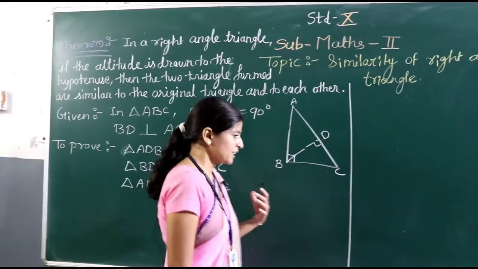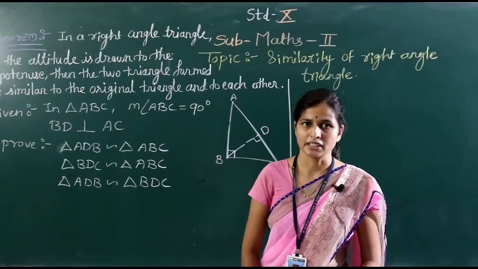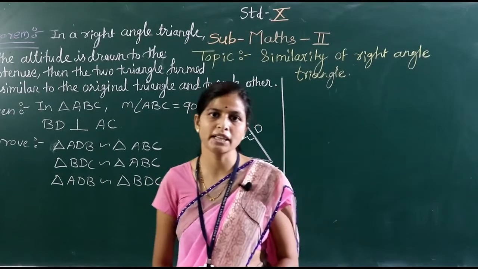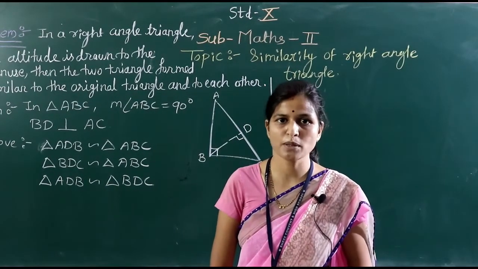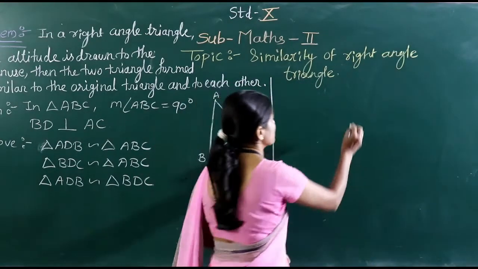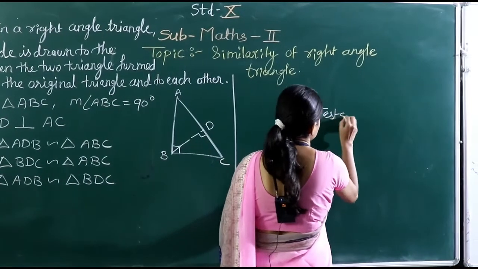To prove these triangles similar, there are tests of similarity. One is the AA test of similarity, one is the AAA test, the SSS test, and the SAS test of similarity. There are four tests of similarity.